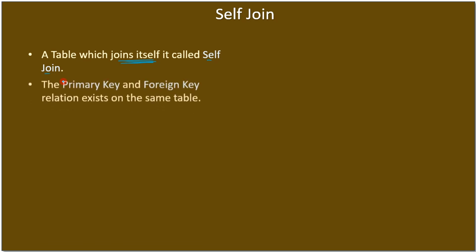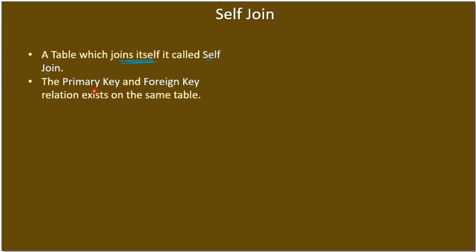A table which joins itself is called self join. So the mapping column spans between two different columns in the same table. The primary key and foreign key relation exists on the same table, but it's not a mandatory requirement.